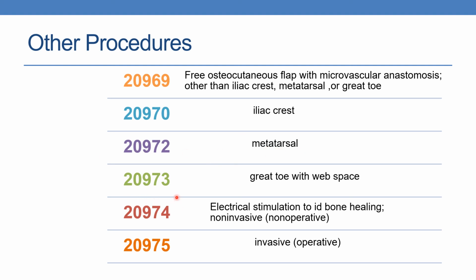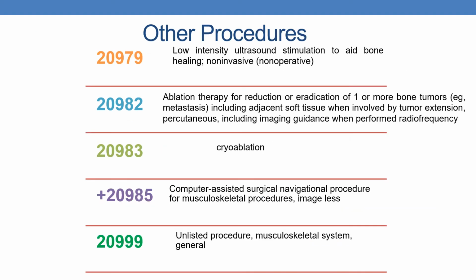The next is 20973, free osteocutaneous flap with microvascular anastomosis, great toe with web space. The next is 20974, electrical stimulation to aid bone healing, non-invasive, non-operative. The next is 20975, electrical stimulation, invasive or operative. The next is 20979, low intensity ultrasound stimulation to aid bone healing, non-invasive or non-operative.